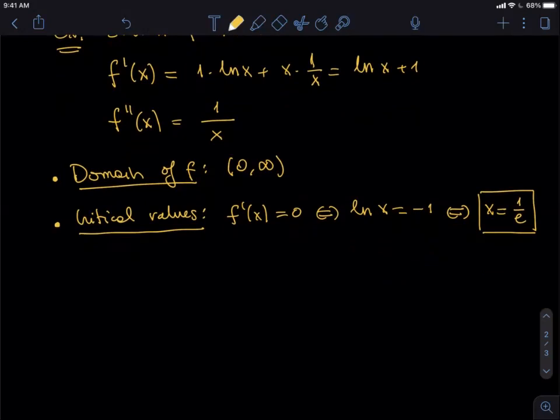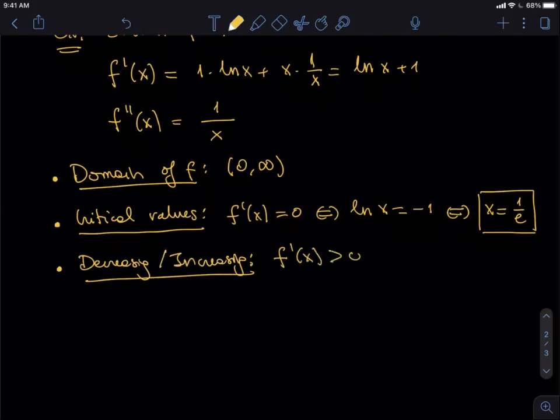All right. Now, as we are computing, we can also see the intervals where the function is increasing or decreasing. Remember, f prime of x bigger than 0 means f increasing.